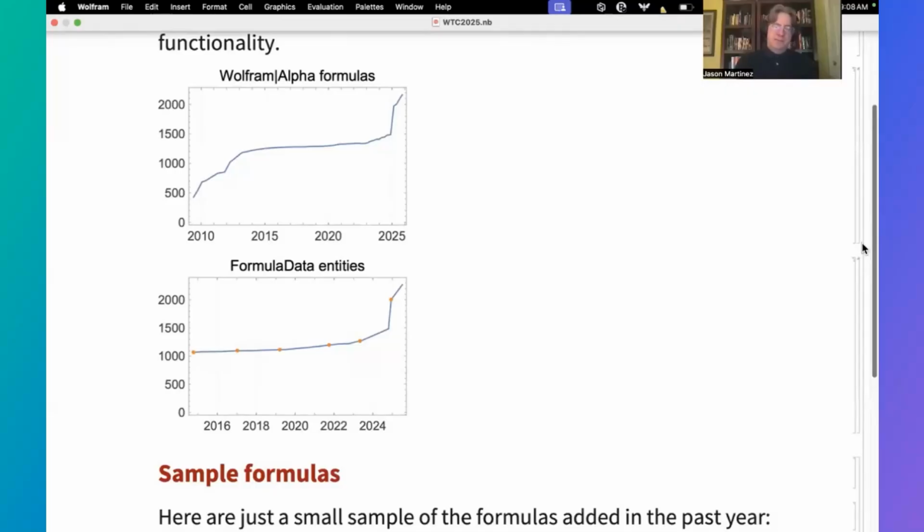So obviously there was a big ramp up at the beginning. We had a bit of a fallow period, but in the last several years, we've added around 700 new formulas. And that includes adding those formulas to FormulaData, which is the Wolfram Language equivalent for formulas.